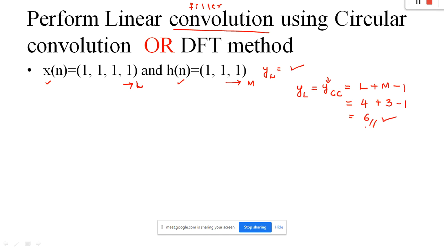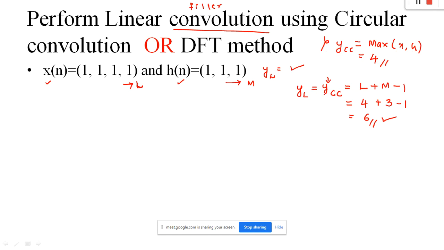So my output should have length 6. If I go for a circular convolution as my early step, the length will be the maximum of the x length and h length, which is 4. The output will be of length 4, but this is not the correct way of performing linear filtering.